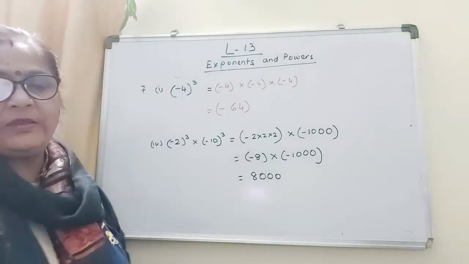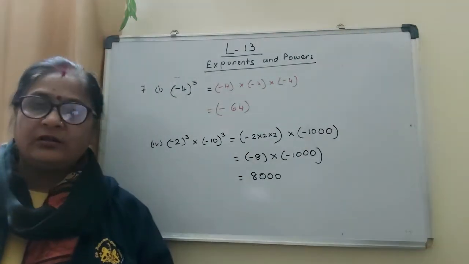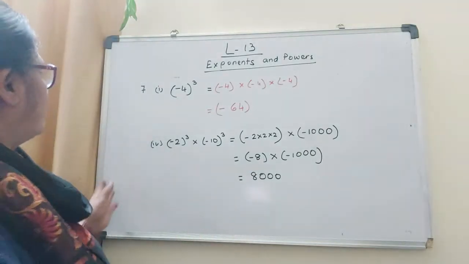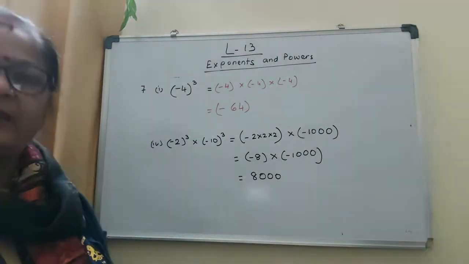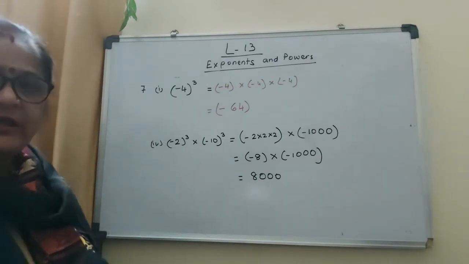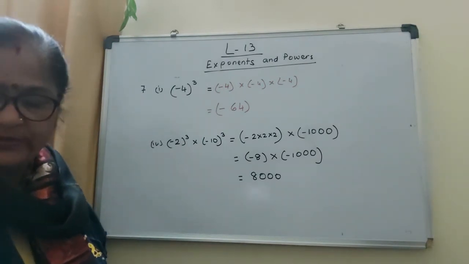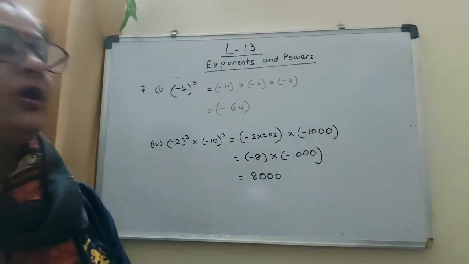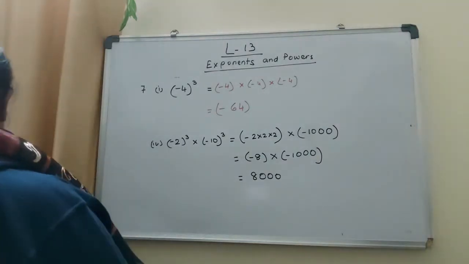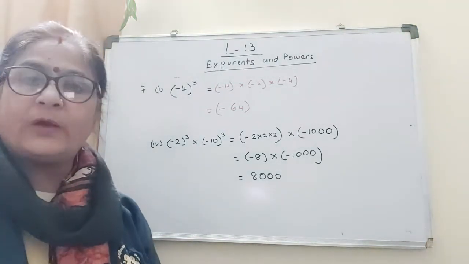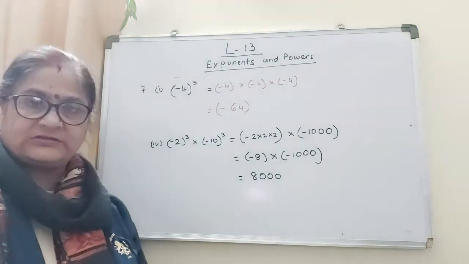In the same way, you will work out all the sums of question number 7 in your classwork book. We will check the answers tomorrow. Remember, we are doing today all the sums of exercise 13.1 in your classwork book.